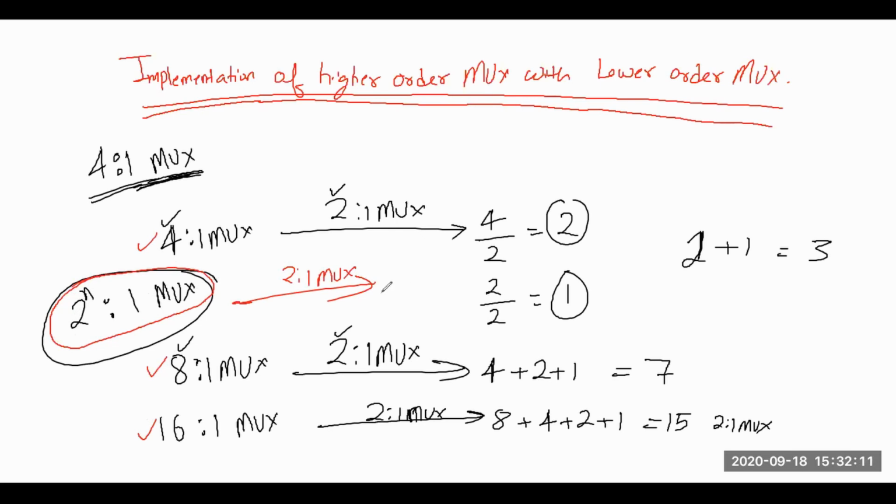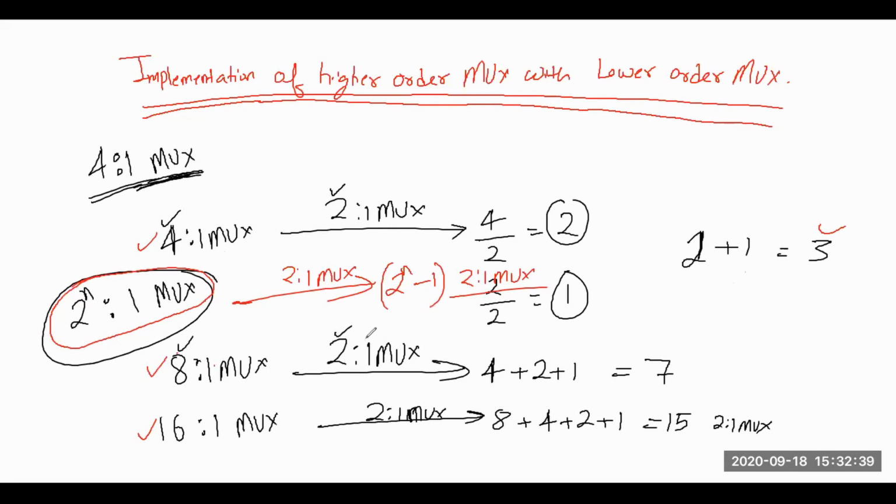If you are doing this type of problem, you need 2 to the power n minus 1 2 is to 1 multiplexers. You can verify this: here your value of 2 to the power n is 4, so 4 minus 1 is 3, you need 3. Here it is 8, 8 is to 1.